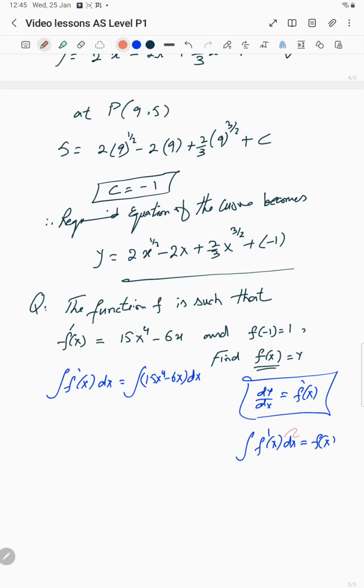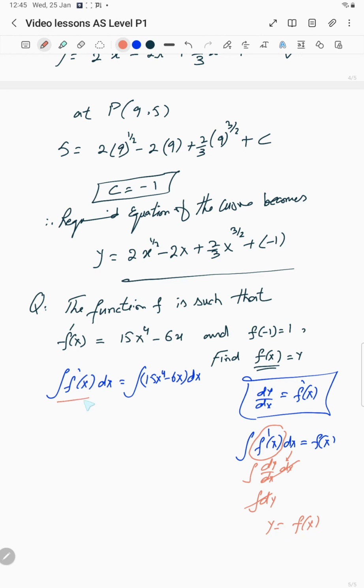The reason: this whole term represents dy by d of x, and this dx will cancel this, we get the integral dy, that will be y, and we know y is a function of x, so we write y equal to f of x.